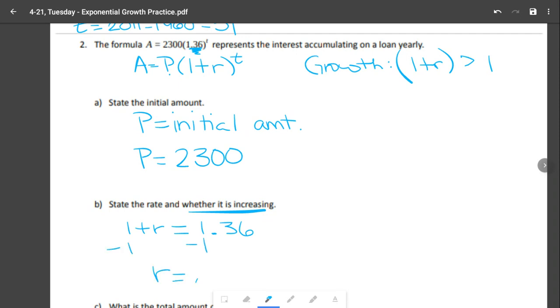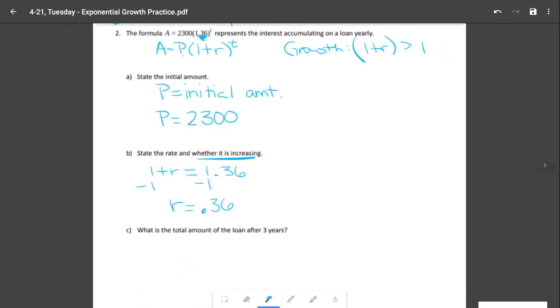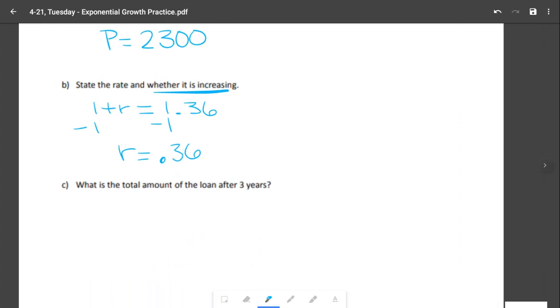Subtract 1. You get 0.36. And now if we want this as a percent, normally we divide by 100 to get rid of the percent. You are going to multiply by 100 to put the percent back in. So our rate is 36%.